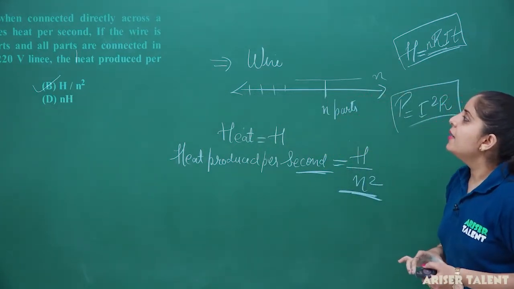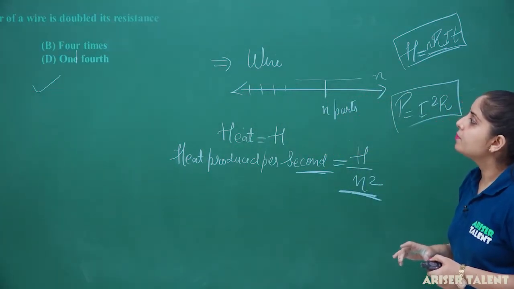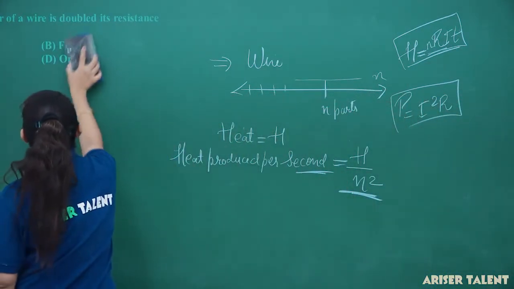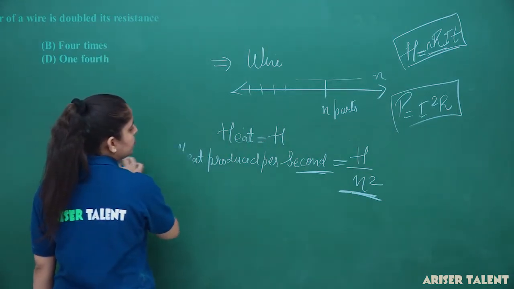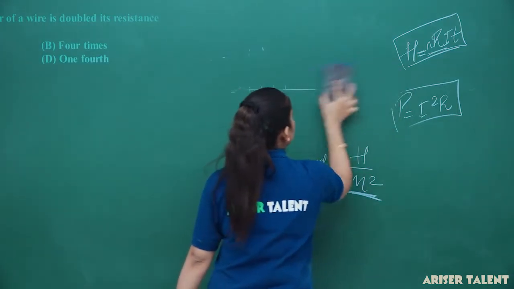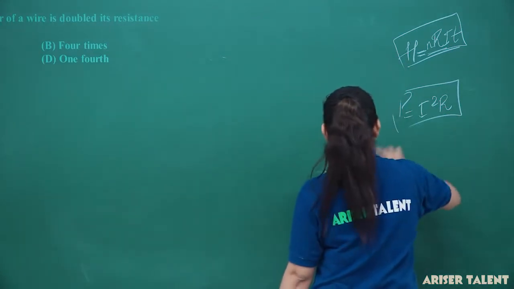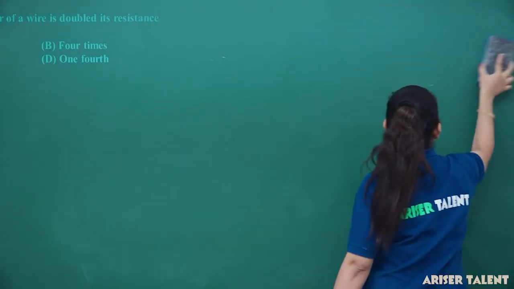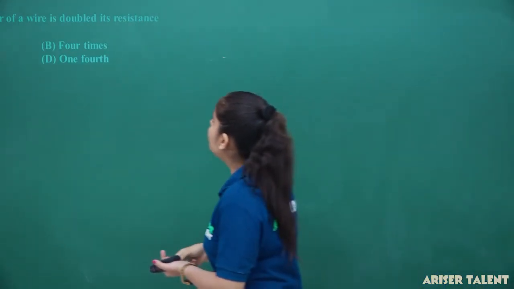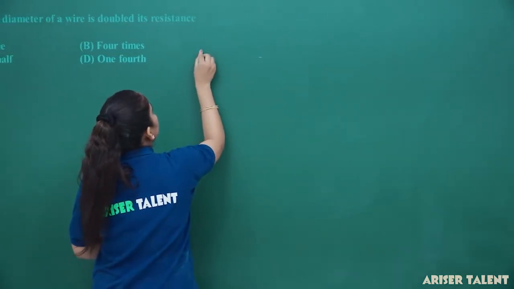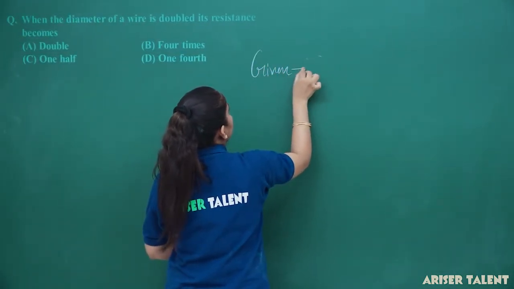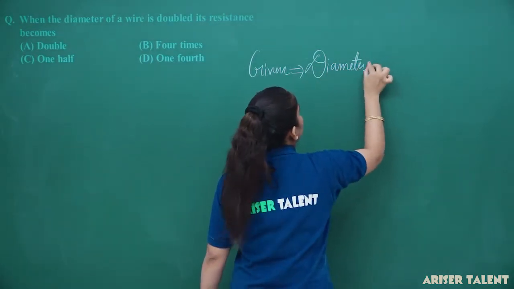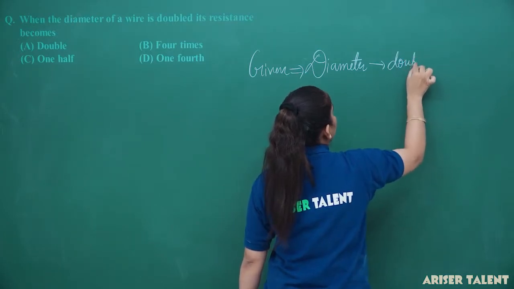Now, the next question in this sequence will be, when the diameter of a wire is doubled, its resistance will become. Now what you are provided with, the given condition, is that the diameter is doubled.